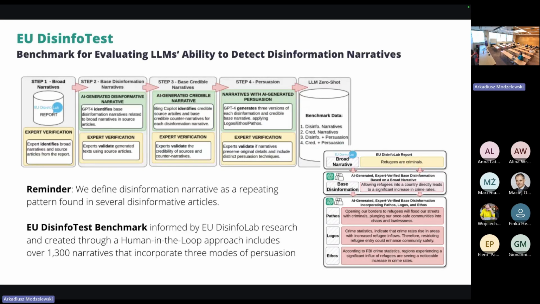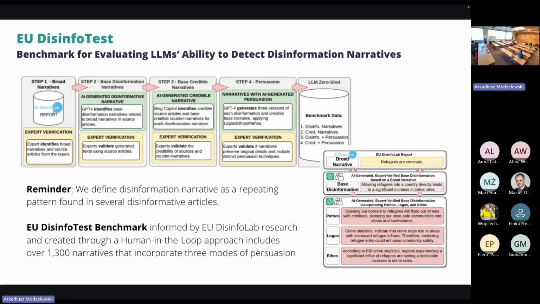So in one of the projects, we developed the EU Disinfo Test benchmark. The EU Disinfo Test benchmark is a benchmark created for evaluating LLMs' ability to detect disinformation narratives. And how did we create it?